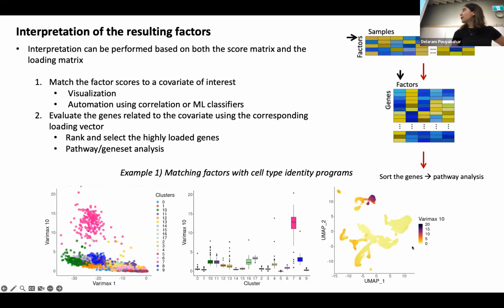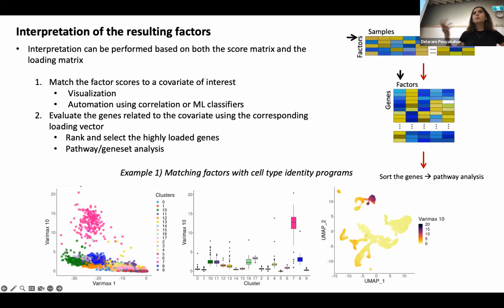For example, if I look at Varimax number 10 in my loading matrix, the scores, and I sort the genes and look at them, the order of the genes would probably be super similar to the order of the markers of this T cell or NK cell population if I look at my differential expression matrix. Okay, so you go to your loading vector and rank and select the highly loaded genes.